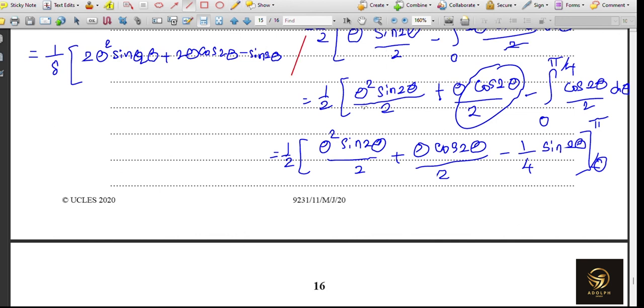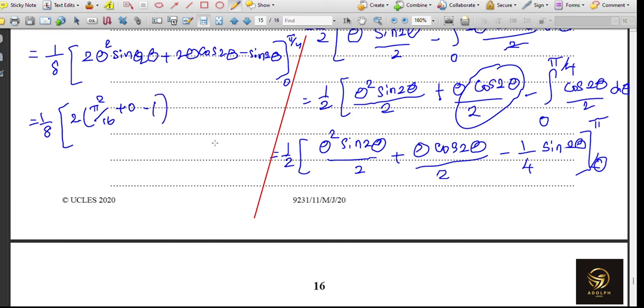Maybe to differentiate this, I will be drawing the line here, with the upper bound pi by 4 and lower bound 0. So if I'm substituting, 1 by 8 into, then 2 into theta squared is pi squared by 16, and sin 2 theta is 1, cos 2 theta is 0, so this term will be 0, and minus sin 2 theta is going to give 1.